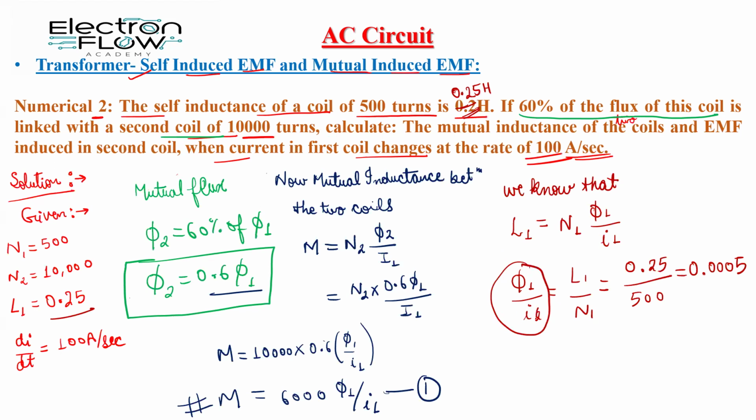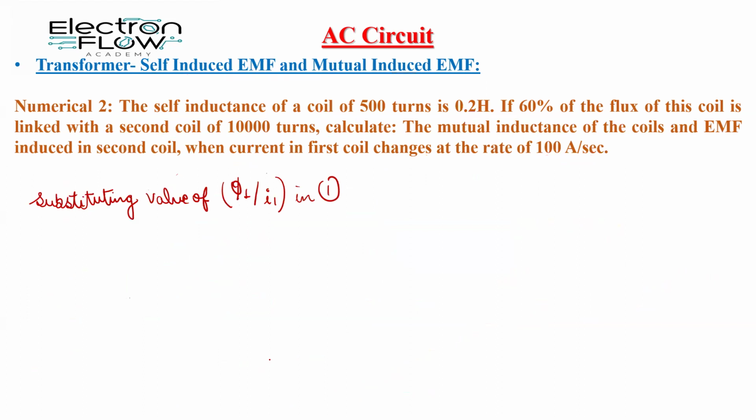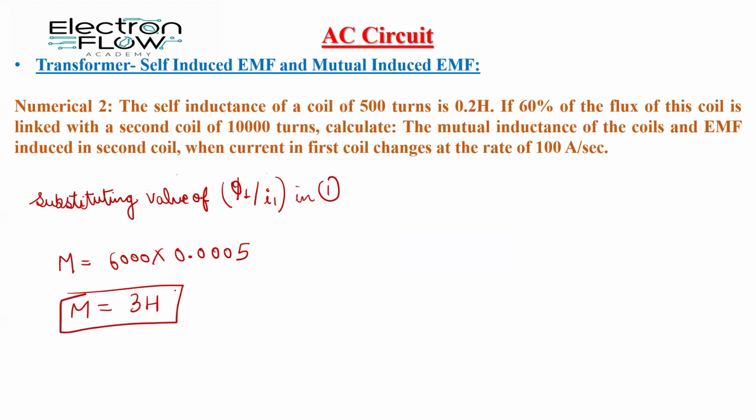We are putting this ratio into equation number 1. So M is equal to 6000 multiplied by 0.0005, so the value of the mutual inductance is equal to 3 Henry. This is our first answer, the mutual inductance of the coils.